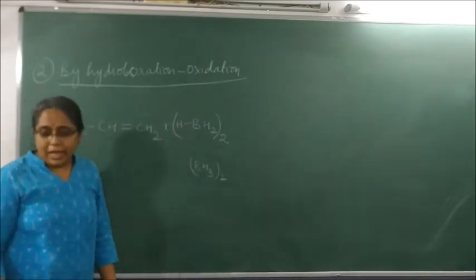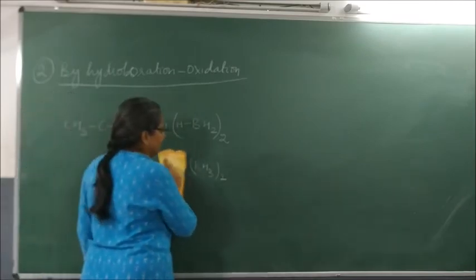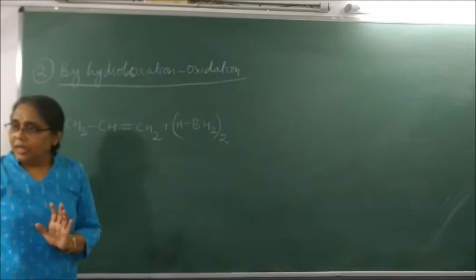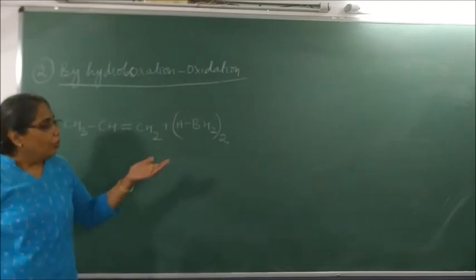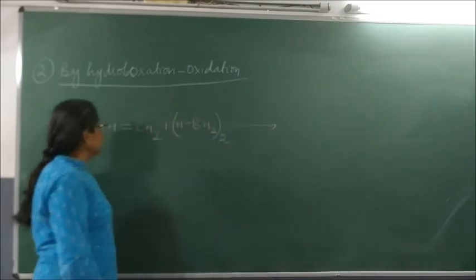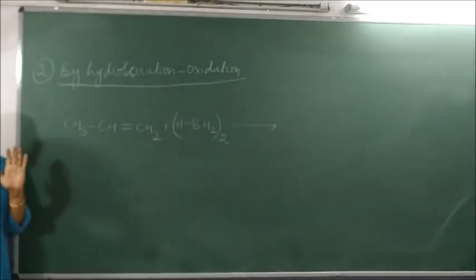Clear? Now every time you will find that this H will be replaced by what? An alkyl group. What will be the formula formed? Wherever there is a double bond, there has to be an addition.